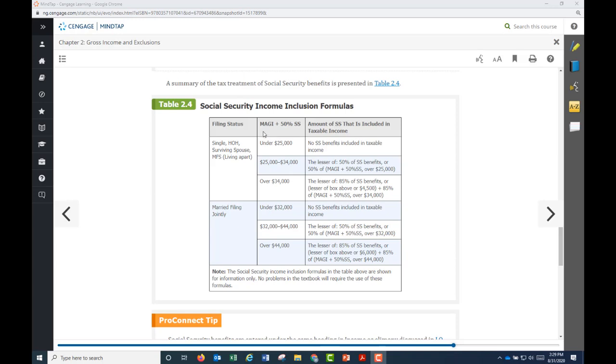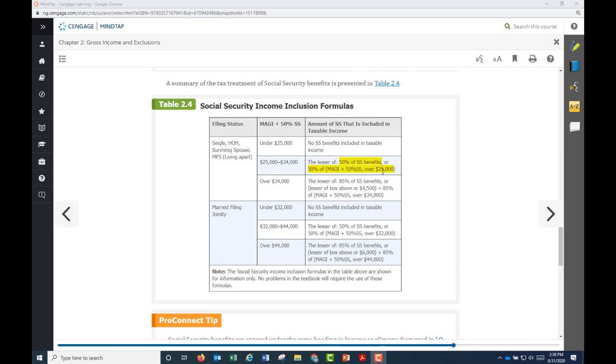However, if the MAGI plus half of the Social Security benefits, whatever that amount is, falls in the range between $25,000 and $34,000, then the amount of taxable income is the lesser of half of the Social Security benefits or half of the MAGI plus half of the Social Security benefits that's over $25,000.